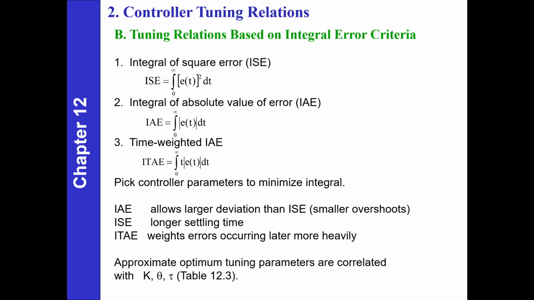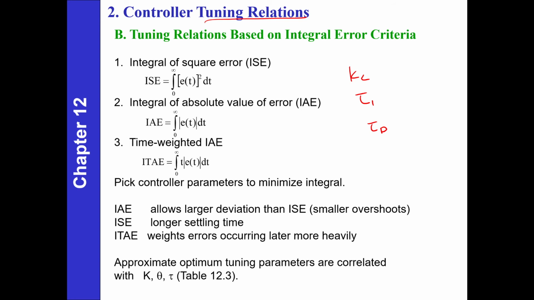The next one is a tuning relation based on integral error criteria. This is another tuning method. Tuning relation means how to calculate the value of Kc, the value of tau I, and the value of tau d.